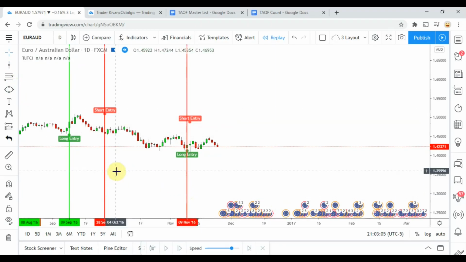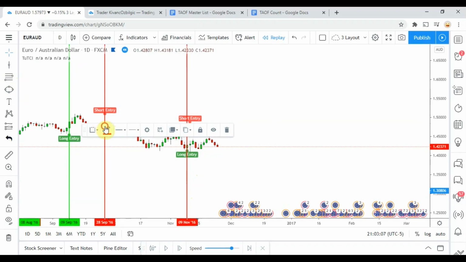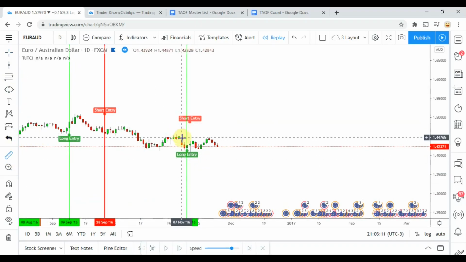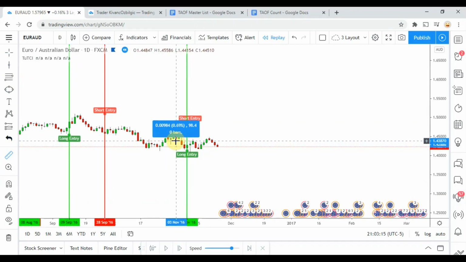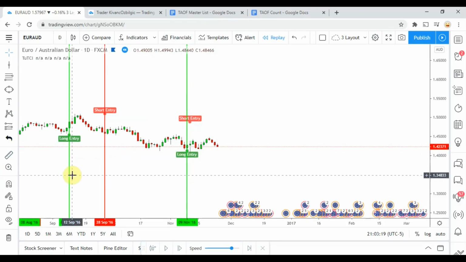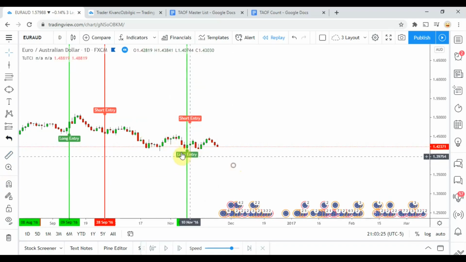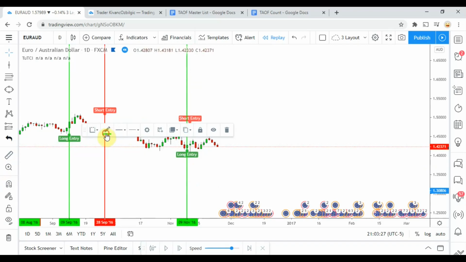So we get a long signal right there, which, let's measure out. That wick would have gotten us to take profit, but the wick to the downside would have stopped us out.